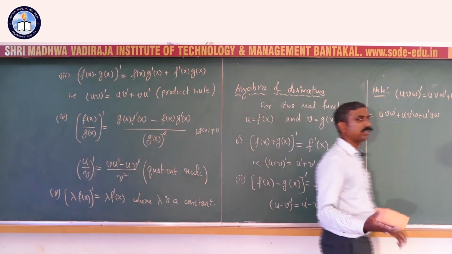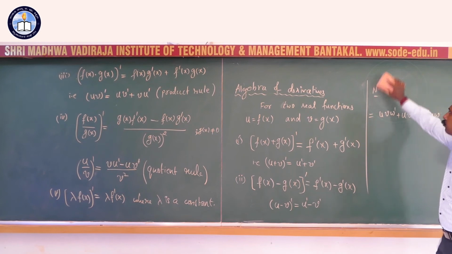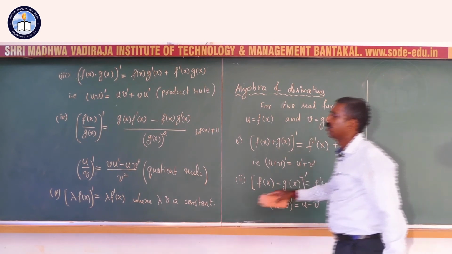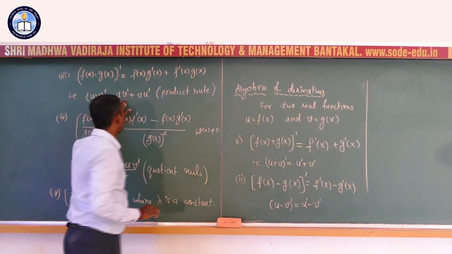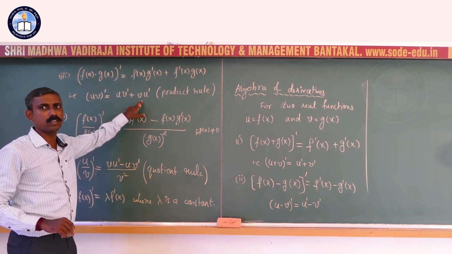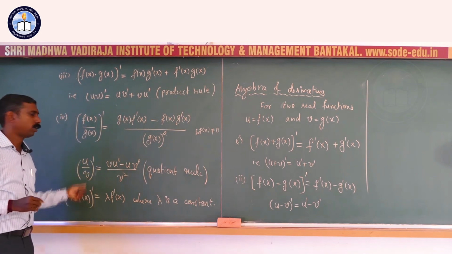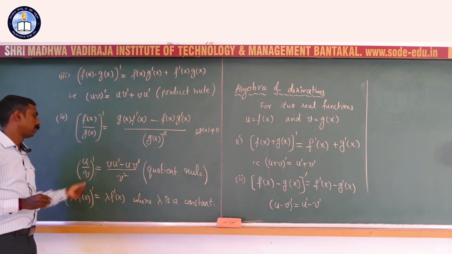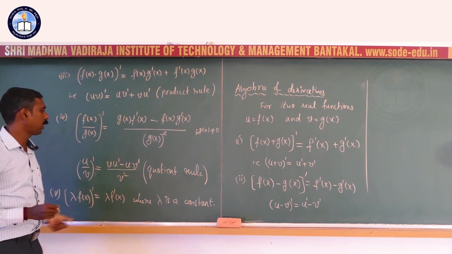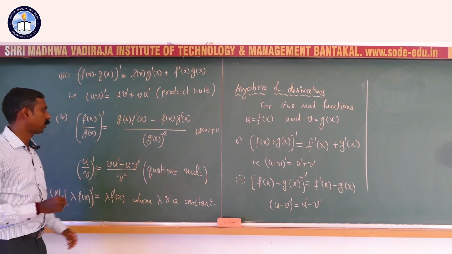It can be easily remembered like this: first function into derivative of the second plus second function into derivative of the first. Now, let us come to the quotient rule. (u/v)' is equal to (v u' minus u v') divided by v squared.